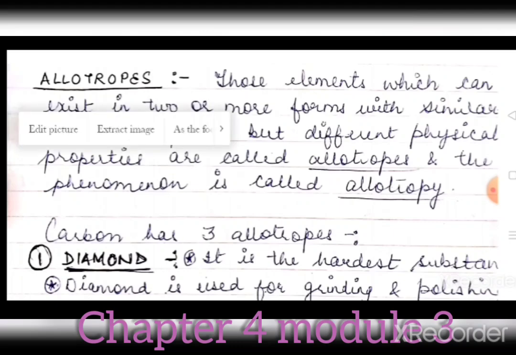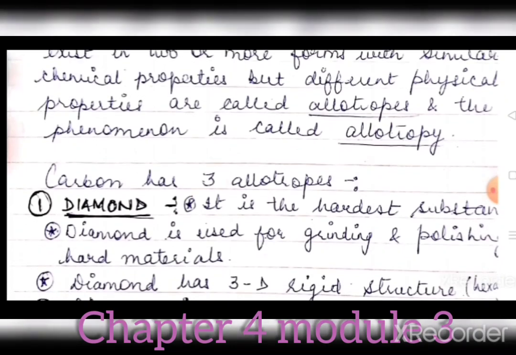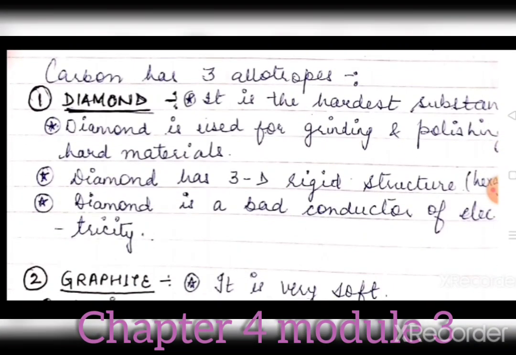So first one here is diamond. Diamond is the hardest substance and it is used for grinding and polishing hard materials. Diamond has a 3D rigid structure which is hexagonal, and diamond is a bad conductor of electricity.